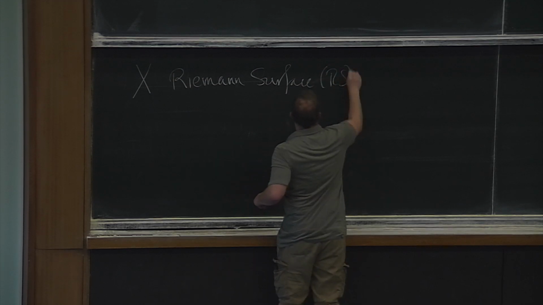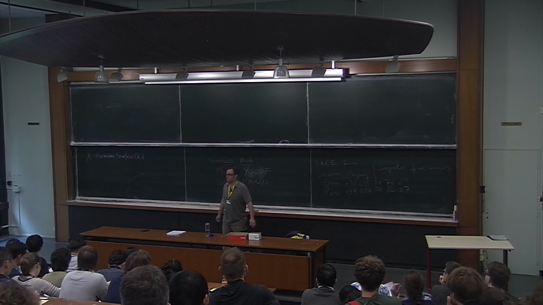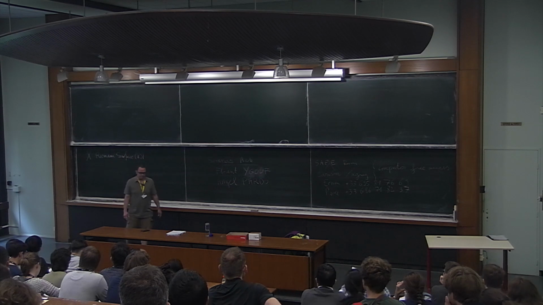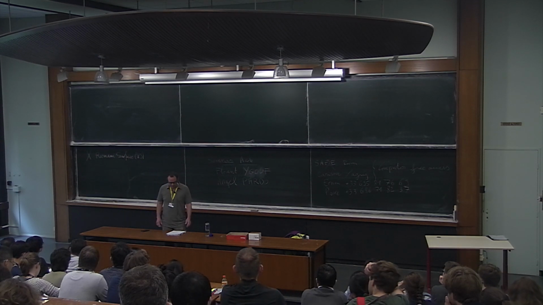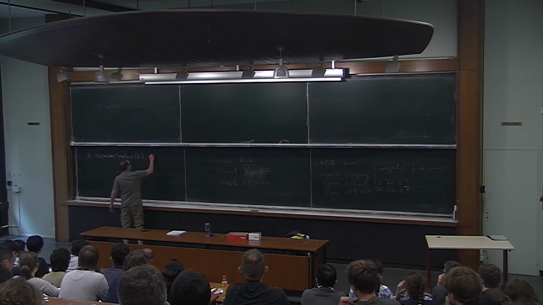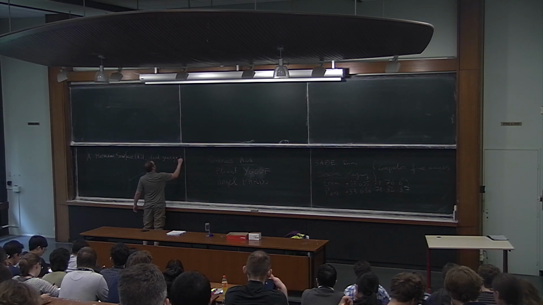I'll just write RS. That's a one-dimensional complex manifold. That means it's a two-dimensional real manifold that has charts to the complex plane, and the transition functions are holomorphic maps. And I'll assume that it's closed with genus g at least 2.